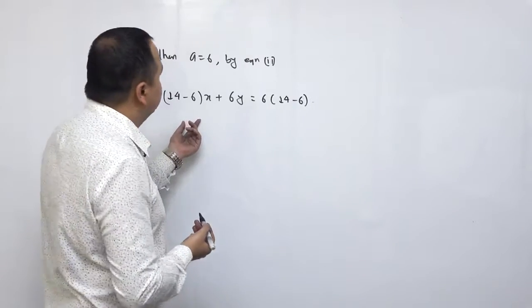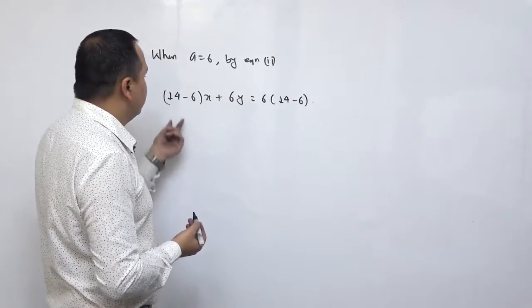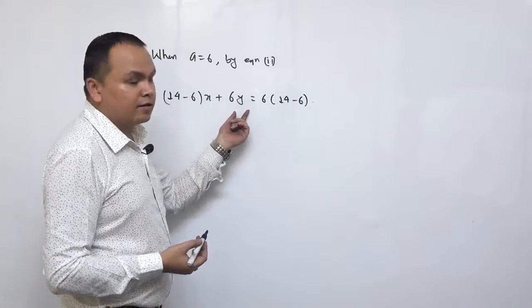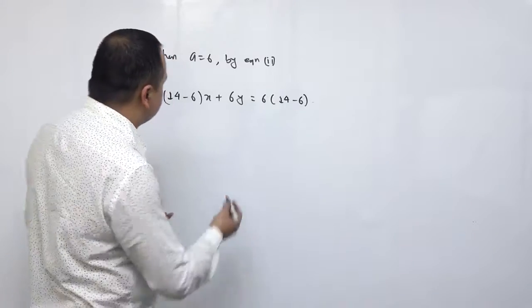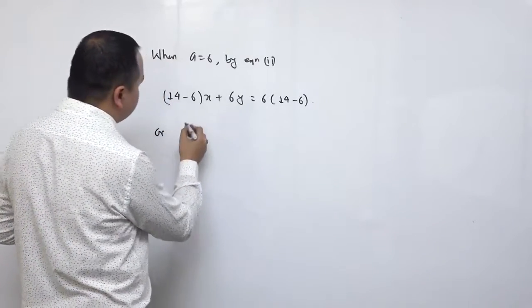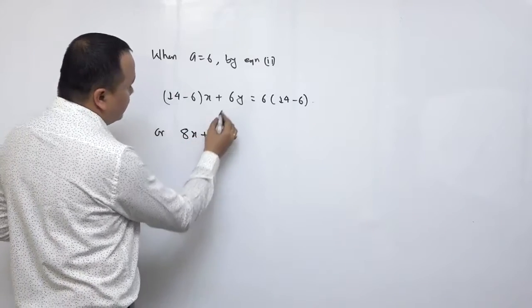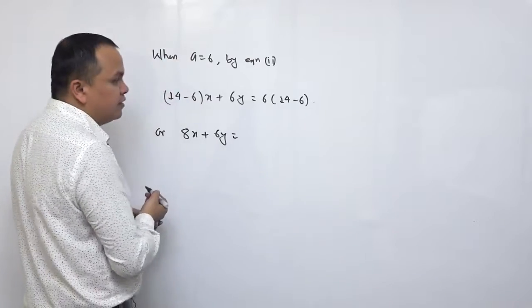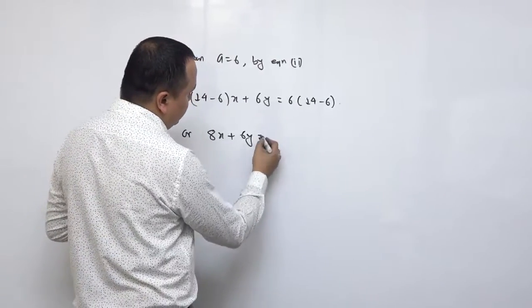When A is 6, by equation II, 14 minus 6 times x plus 6y is equal to 6 times 14 minus 6, or this is 8x plus 6y is equal to 14 minus 6, 8 into 6, 48.